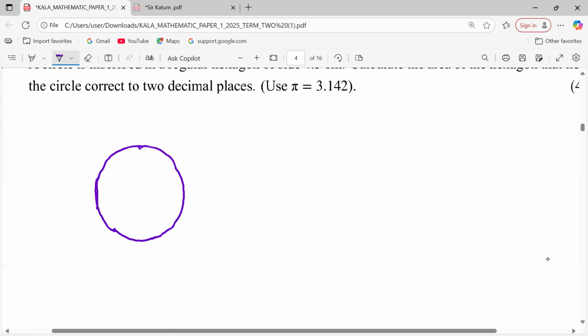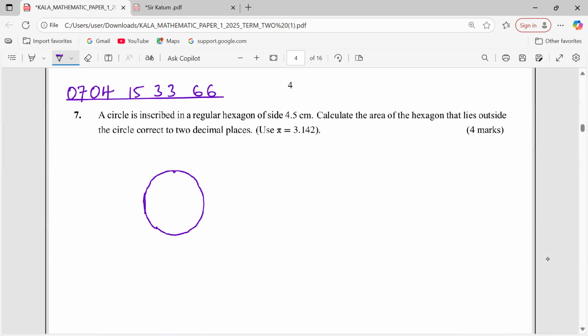Then now, a hexagon is drawn such that the circle lies inside.